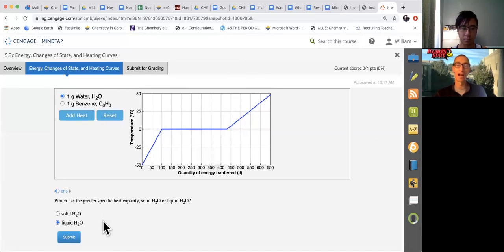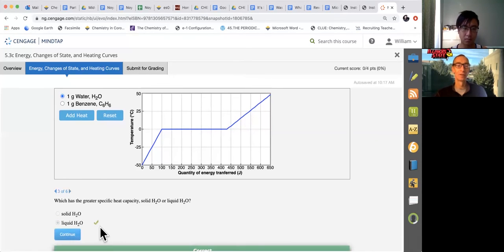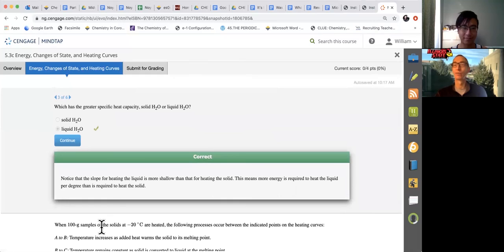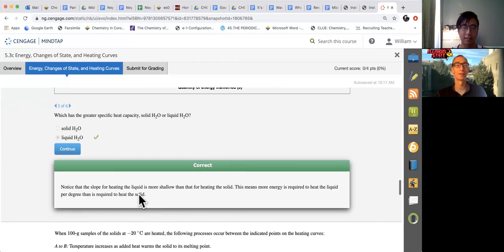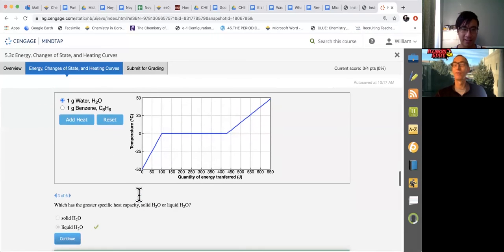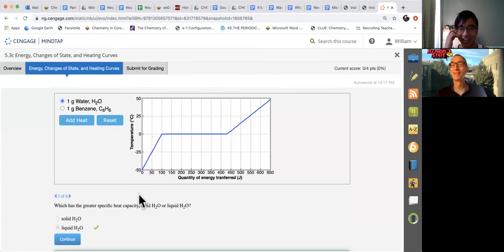So I'm on liquid here. Oh yeah, we're 3 for 6 so far. Oh yeah, look at this. Notice that the slope for heating the liquid is more shallow than for heating the solid. This means more energy is required to heat the liquid per degree than is required to heat the solid. Nice. Exactly what you said. I know. We rock at this apparently, Kevin.